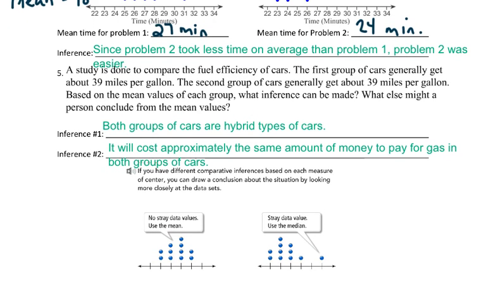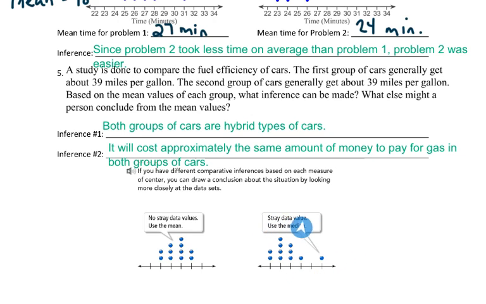If you have different comparative inferences based on each measure of center, you can draw a conclusion about the situation by looking more closely at the data sets. So if the means and the medians are very different, you would have different comparative inferences. What you want to look at is the data set. Do you see how in this second data set you have this number that doesn't match the others?